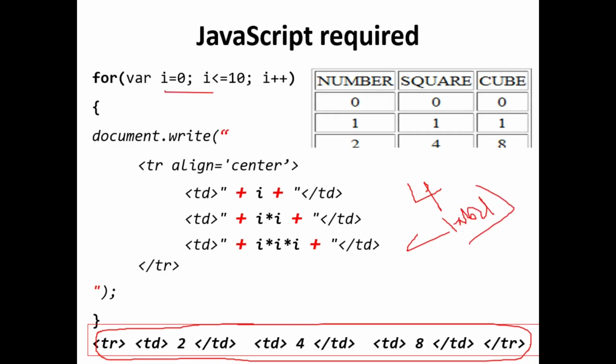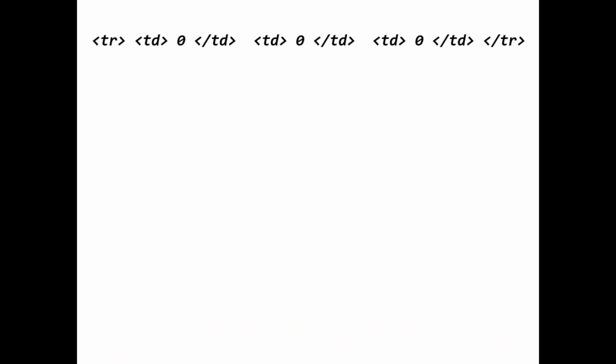So this entire process repeats from i equal to 0 to i equal to 10. For this particular row, I can see this in the HTML output. This process starts from 0, then repeats for 1, repeats for 2, up to i equal to 10. Initially i value is 0, and this line will get embedded inside the table tag of HTML code.